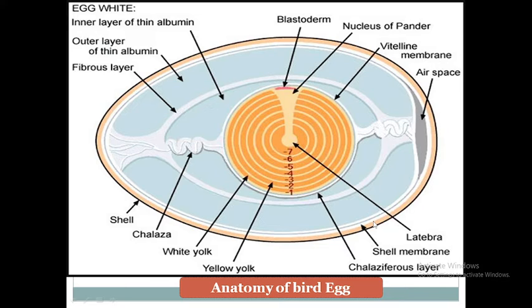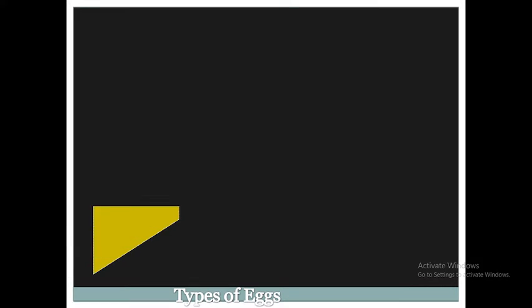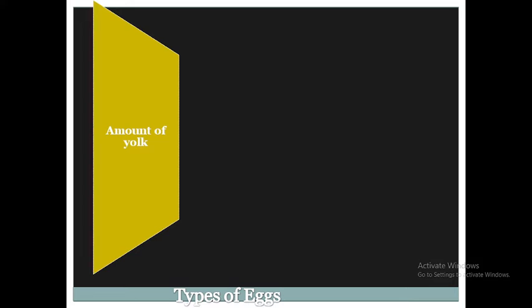When we boil this egg and remove the shell, we observe a thin, transparent, whitish layer inside that shell, and that is nothing but the shell membrane. So this is just about the anatomy of the bird egg. Now we will consider how many different types of eggs there are.